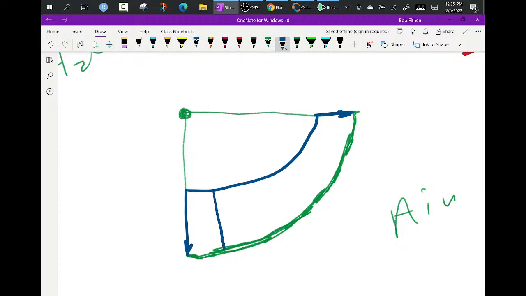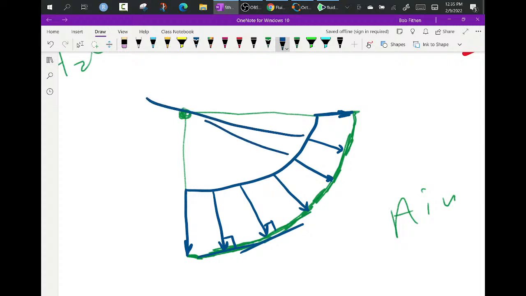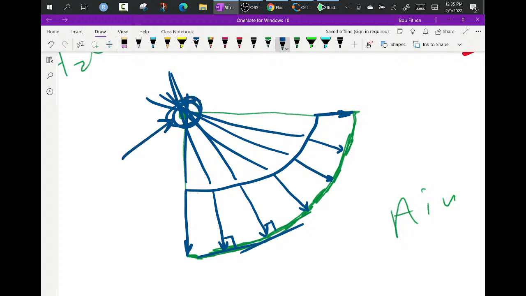But the key is, if you take a tangent here, it's always 90 degrees. And all this force distribution, or the pressure distribution, they all pass right through this point, meaning that any little strip of pressure here produces no moment about that hinge.